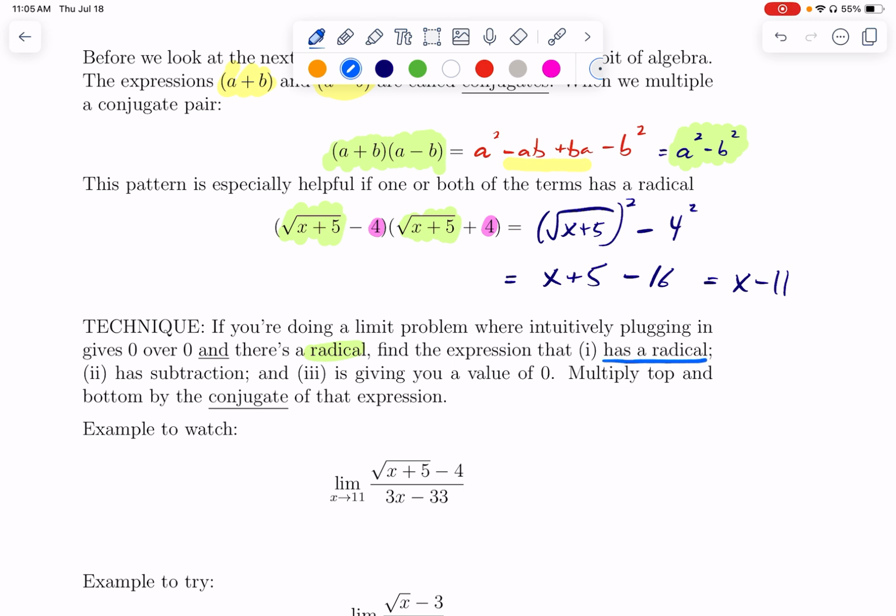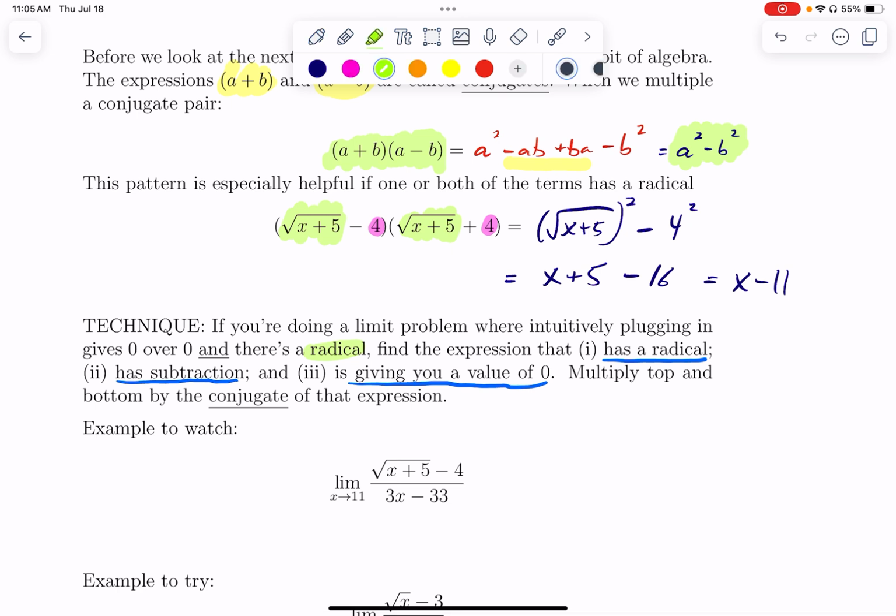It has a radical in it, has subtraction in it, and if you plug into just that part, you're getting 0. When you see that, what you're going to do is find the conjugate of that expression, and you will multiply top and bottom by that same thing.